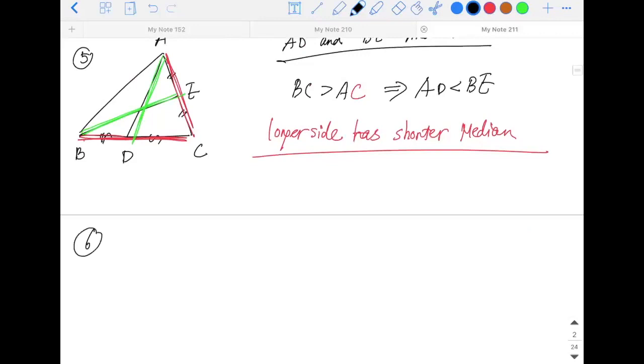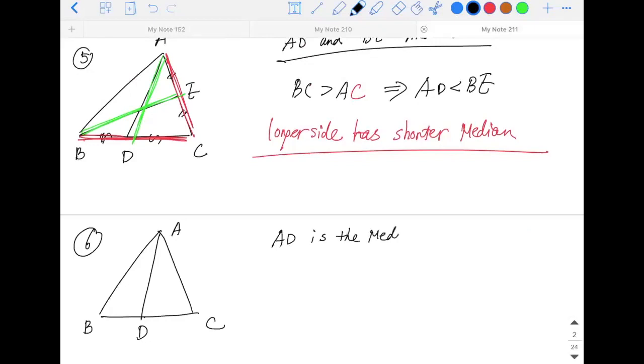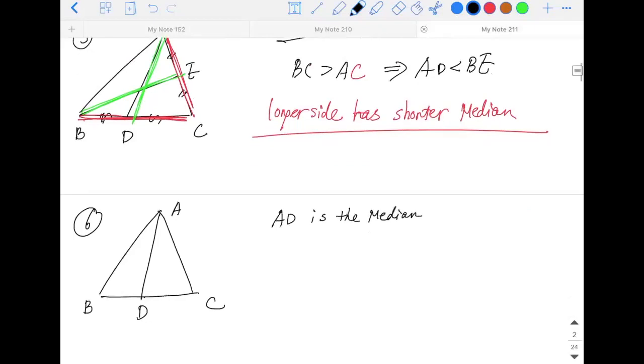Number 6 is actually a very understandable property. In triangle ABC, with D on BC, AD is the median. Then automatically you should have triangle ABD with the same area as triangle ADC.